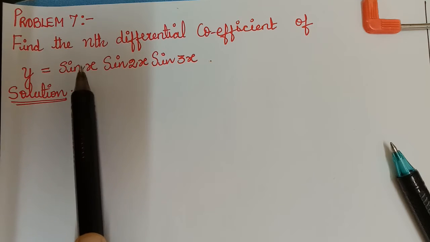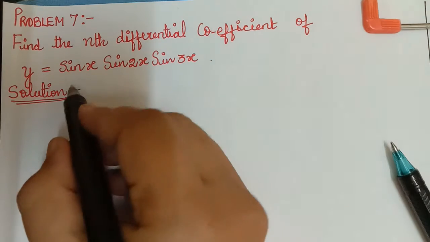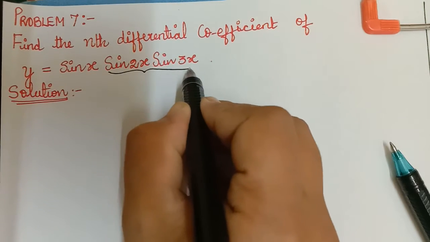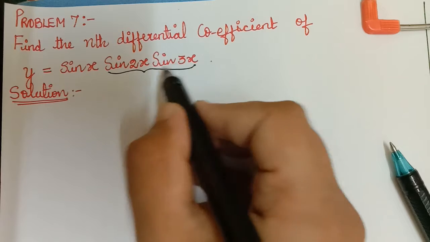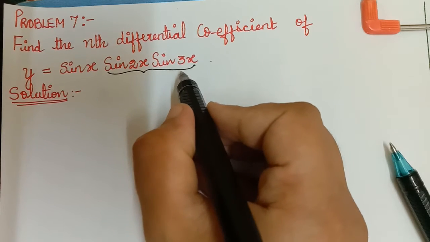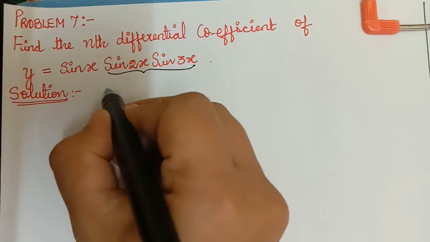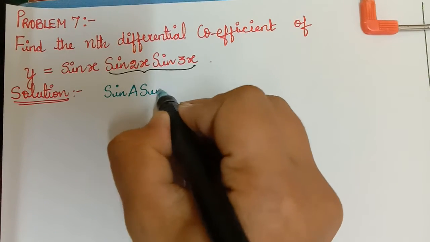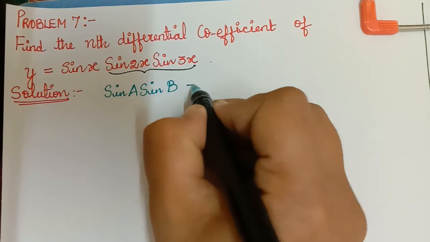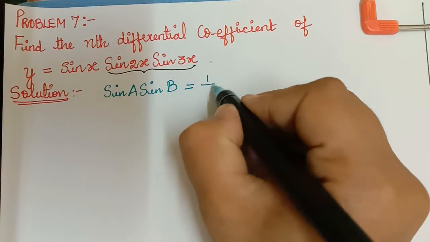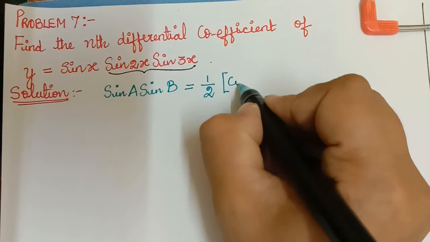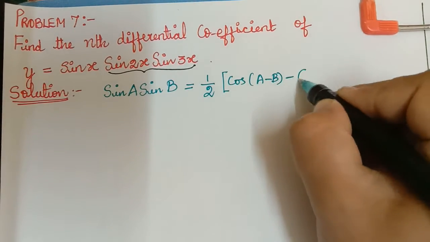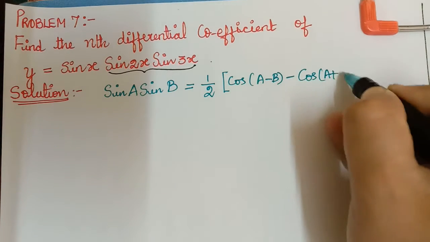To do that, first we have to rewrite sin 2x and sin 3x by using the trigonometric formula sin A sin B equals 1 by 2 of cos(A minus B) minus cos(A plus B).